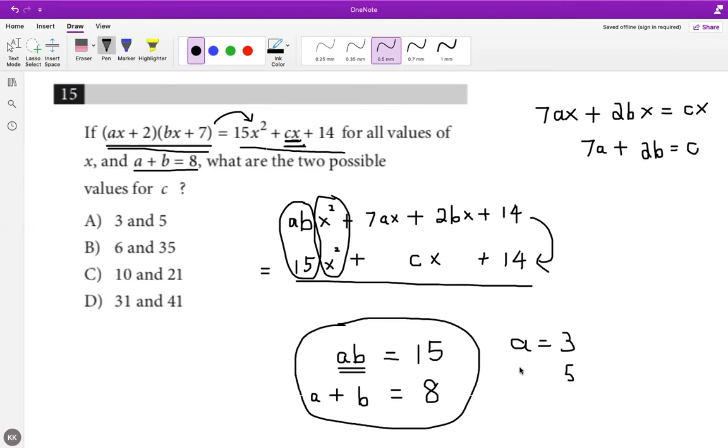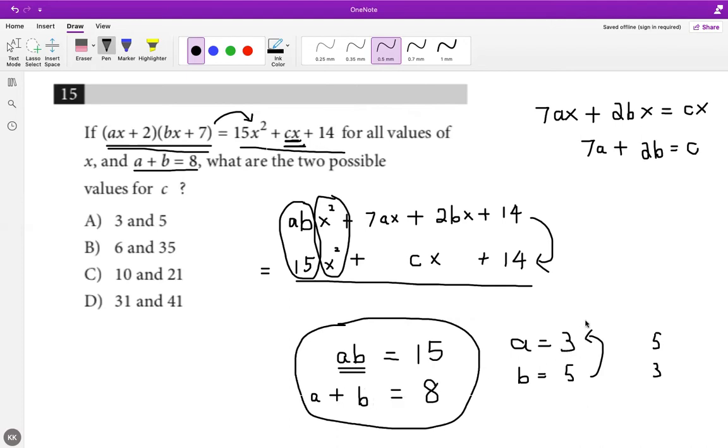If you think something like this, then you are correct. A equals 3, B equals 5 is a possible solution. If we switch the order, A equals 5 and B equals 3, it's also possible, because if I switch the order, it's the same.